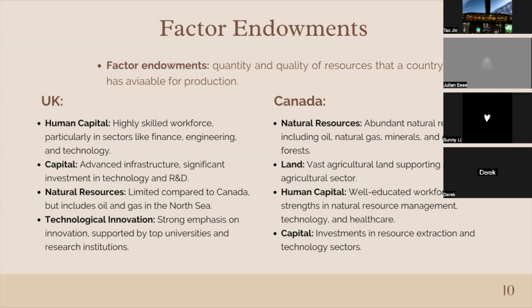Now let's look at Canada's factor endowments. We have natural resources at the top. We have abundant natural resources in Canada, including oil, natural gas, minerals, and extensive forests. And this is where the maple syrup part comes in, because this is useful for producing maple syrup. We have land, a vast agricultural land supporting a large agricultural sector.